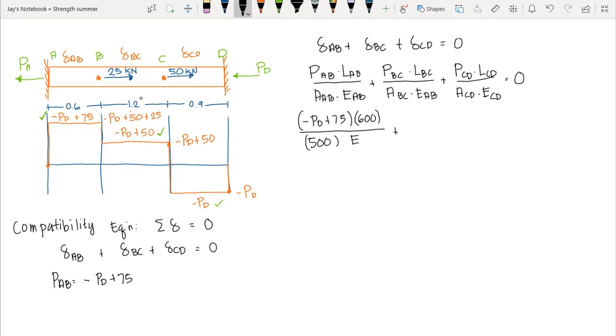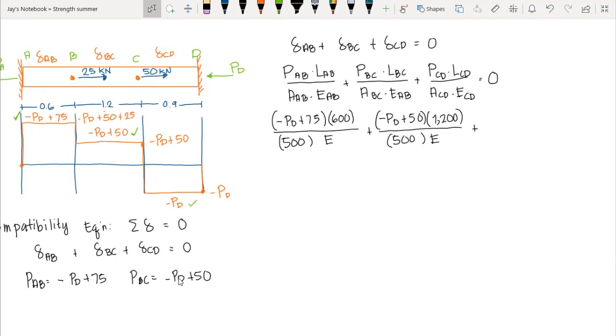Plus PBC, our axial force for BC here, is equal to negative PD plus 50, times the length of BC, that is 1.2, so therefore we have 1,200 here, over the cross-sectional area, which is the same area all throughout, so we have 500 times the E, plus PCD.